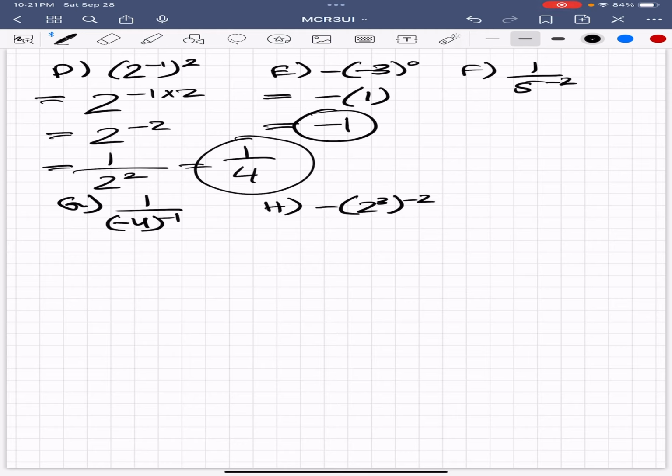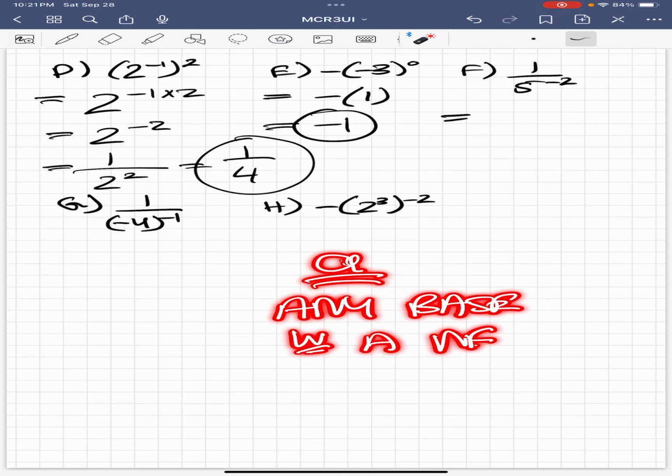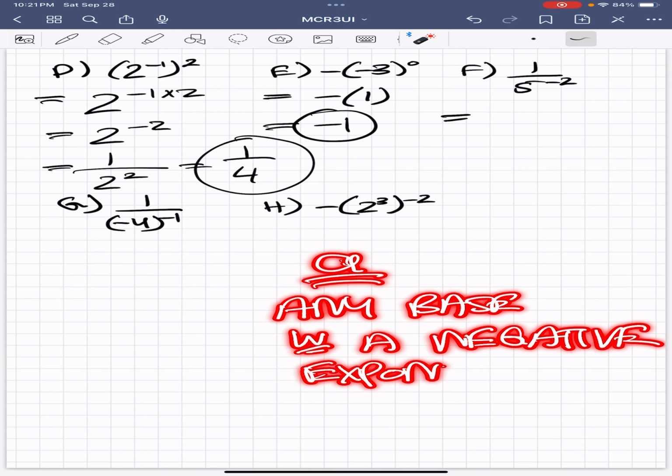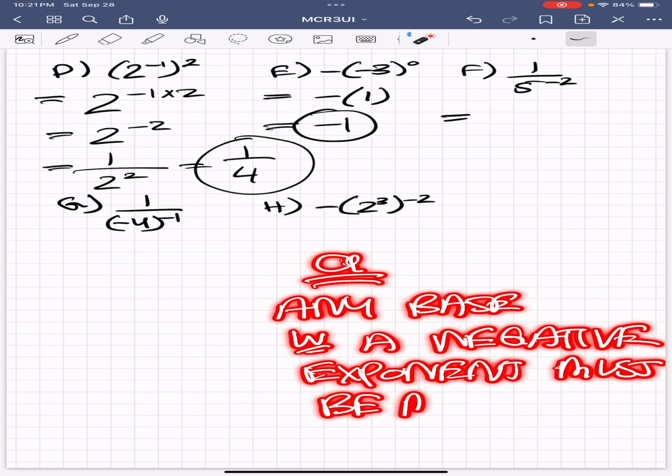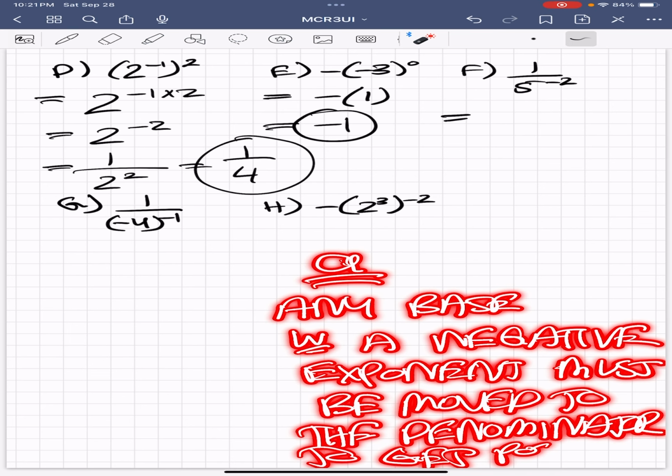So we use the negative exponent law because when we have any base with a negative exponent, it must be moved to the denominator to get a positive exponent.